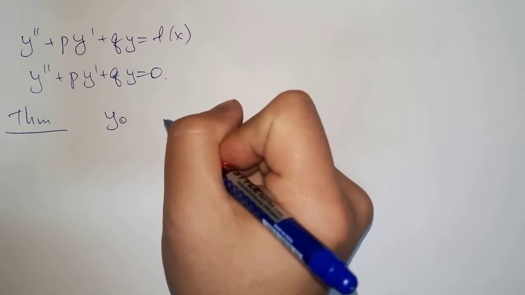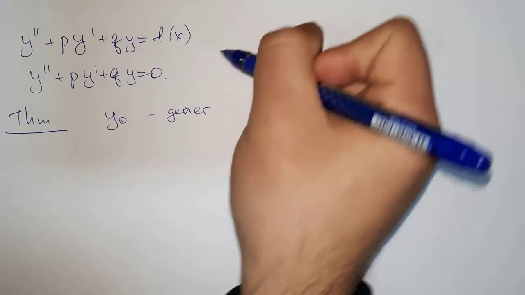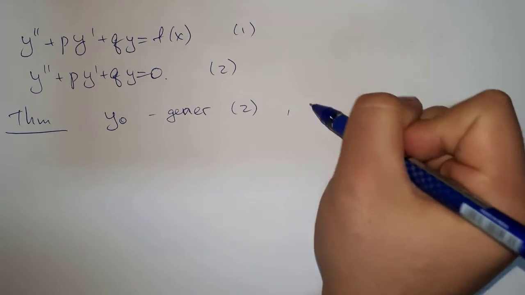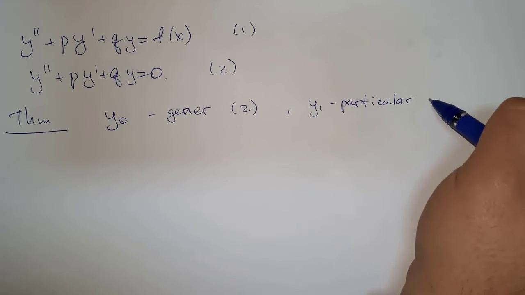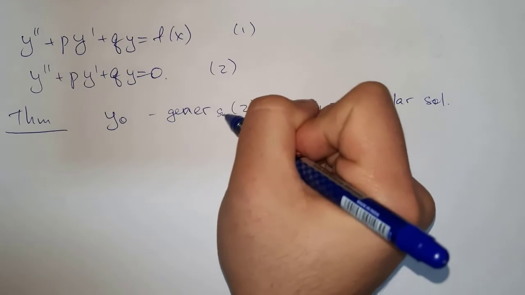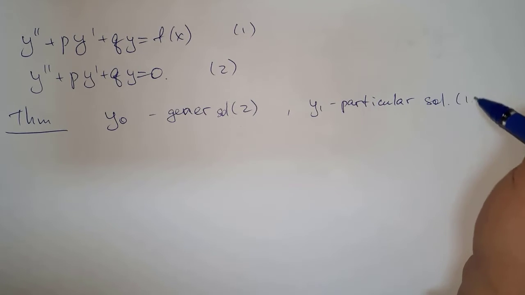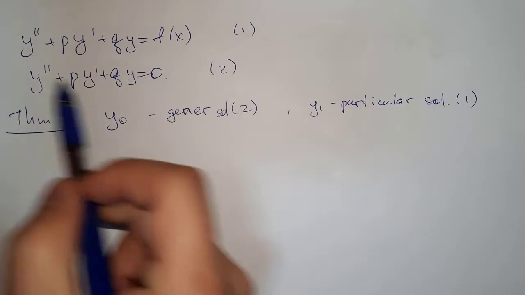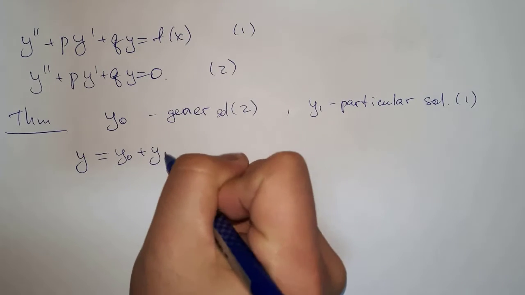Let's denote the non-homogeneous equation by 1 and the homogeneous equation by 2. Here y0 is the general solution of equation 2, and y1 is a particular solution of the first equation. So the general solution of the first equation, let's denote it by y, will be y0 plus y1.